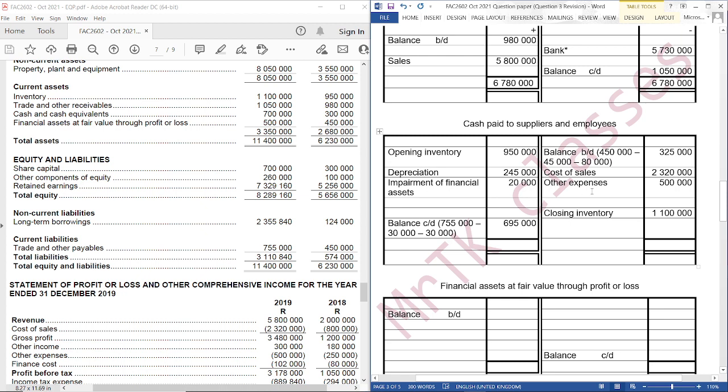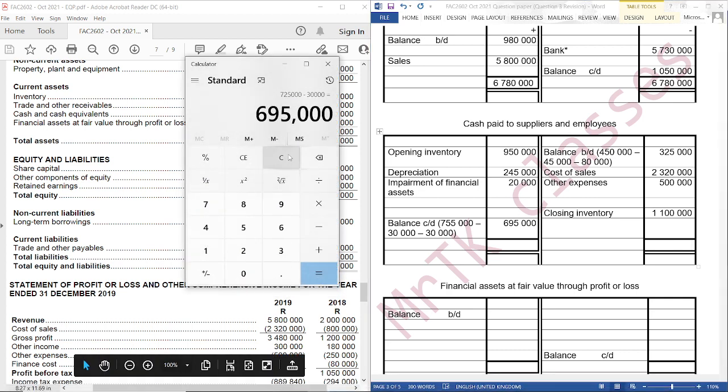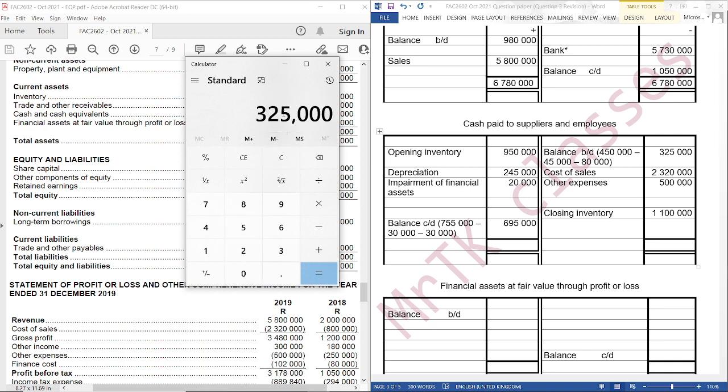So in this account, there are entries which are calculating purchases amongst other entries, right? So at the end of the day, we'll be able to calculate our bank amount, which is cash paid to suppliers and employees, right? Okay, 4,245,000.